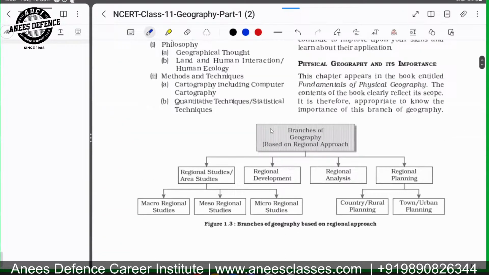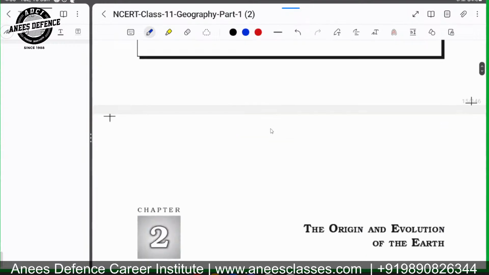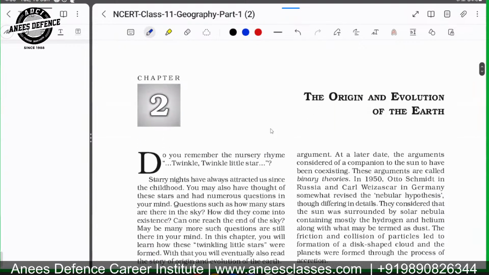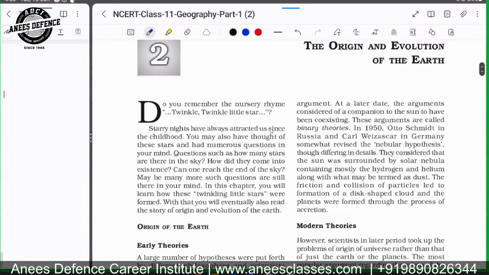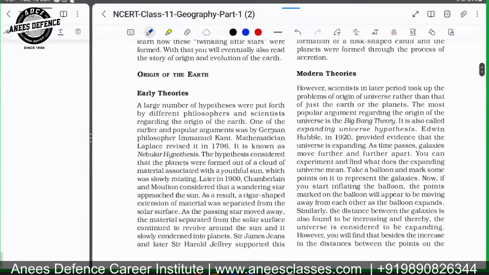Let us start discussing. In the first page itself of the second chapter, they have discussed the contribution of Laplace. Try to remember this name, Laplace. Laplace and nebular hypothesis, this type of questions are asked.